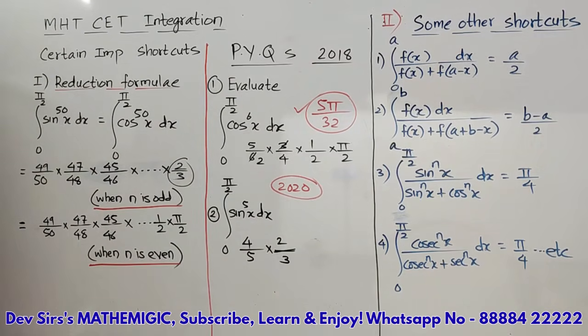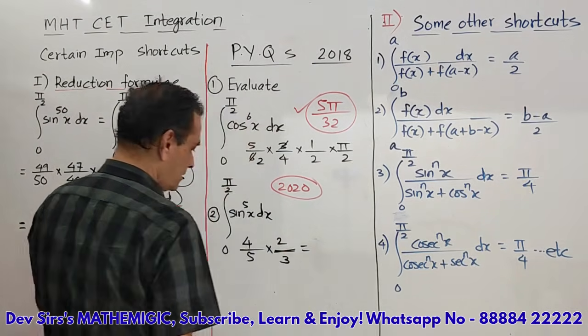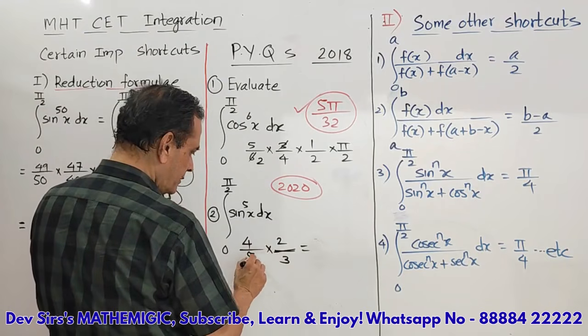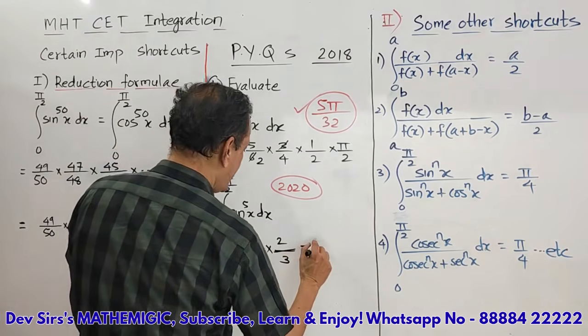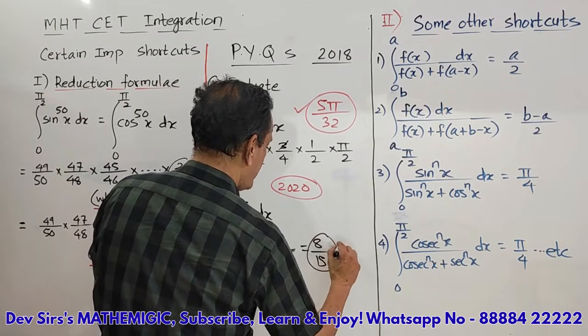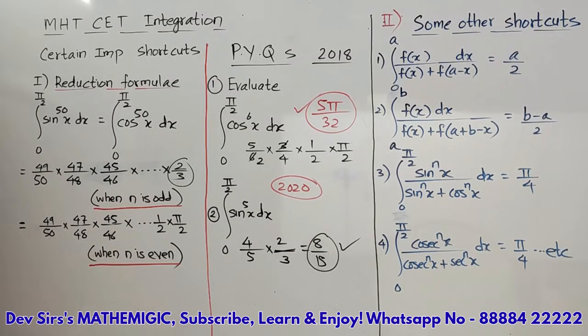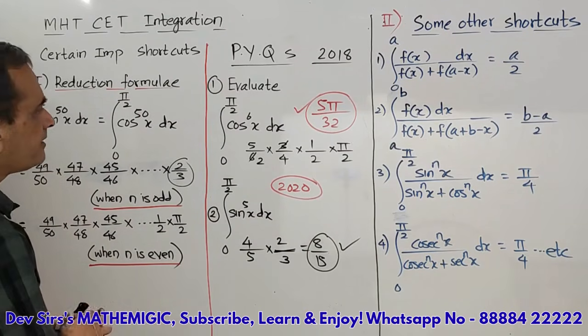That's it. If you get 2/3, don't multiply by pi by 2. Directly करो. अभी क्या होता है? इधर कैंसिल कुछ हो रहा है? नहीं. 4 into 2 8. 8 upon 15. क्लियर? चलो और एक ट्राई करेंगे.